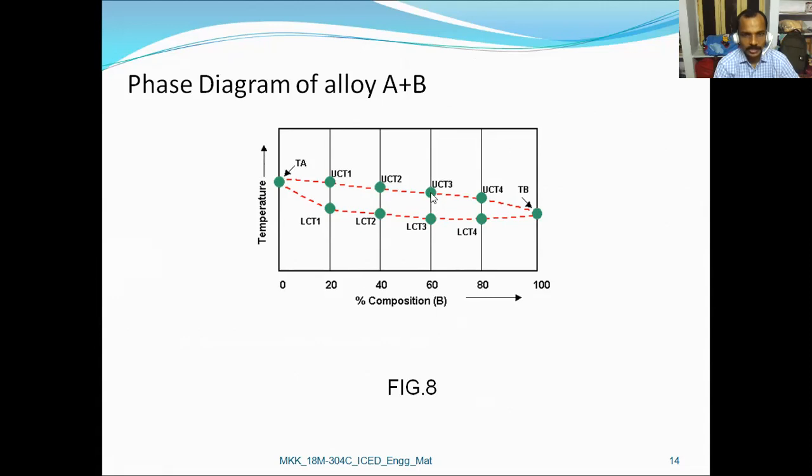LCT3 and UCT3, upper critical temperature 3 and lower critical temperature 3, both are on the same line. Similarly LCT4 and UCT4. So that is the difference between the graph plotted between temperature and time, and the temperature and composition.